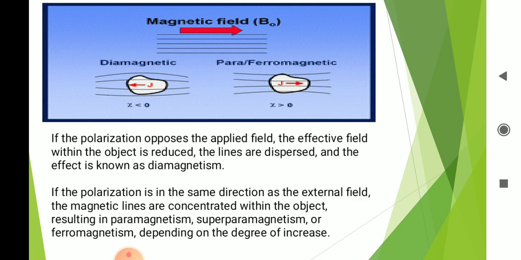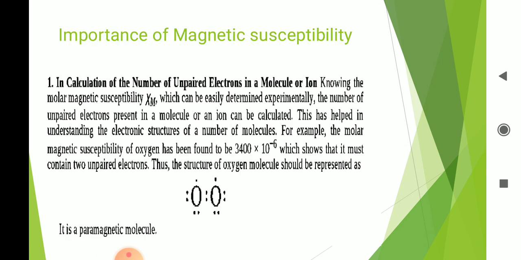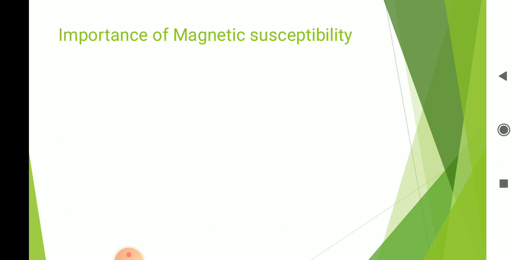Then the importance or applications of magnetic susceptibility. Some important applications of magnetic susceptibility measurements are in the calculation of the number of unpaired electrons in a molecule or ion.